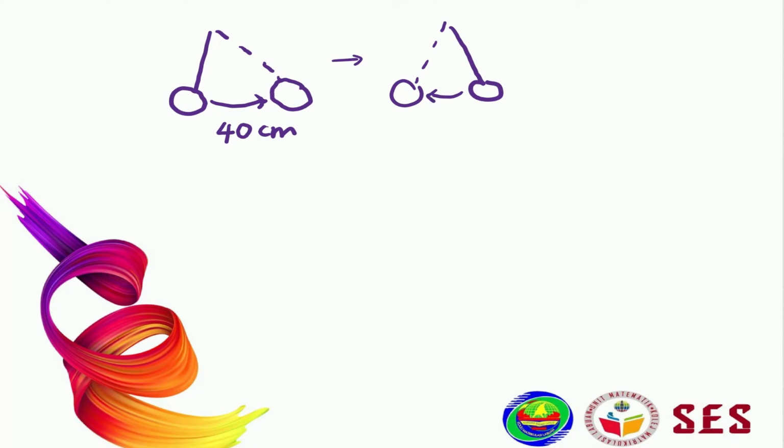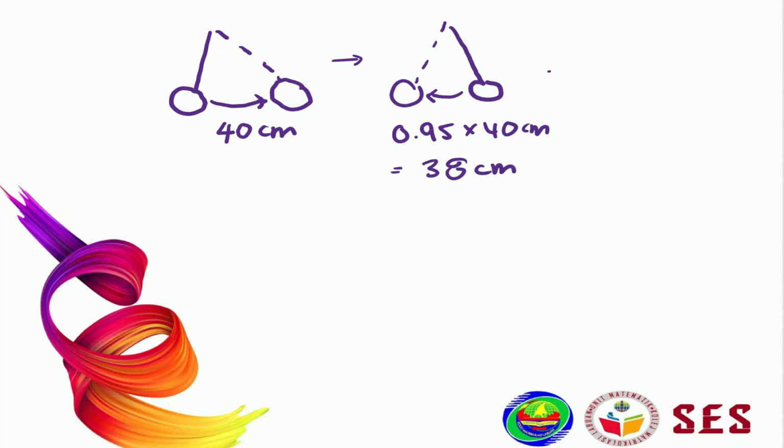So based on the question, we can see that we have a pendulum. It swings at 40 cm and the second swing is 0.95 of the previous length.